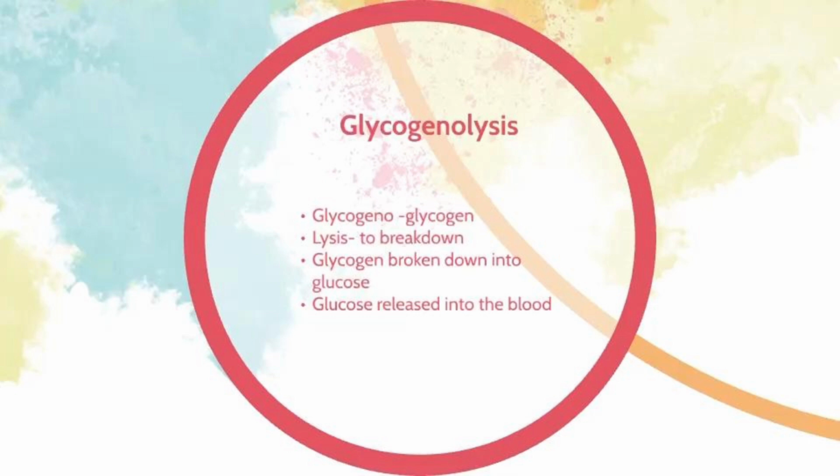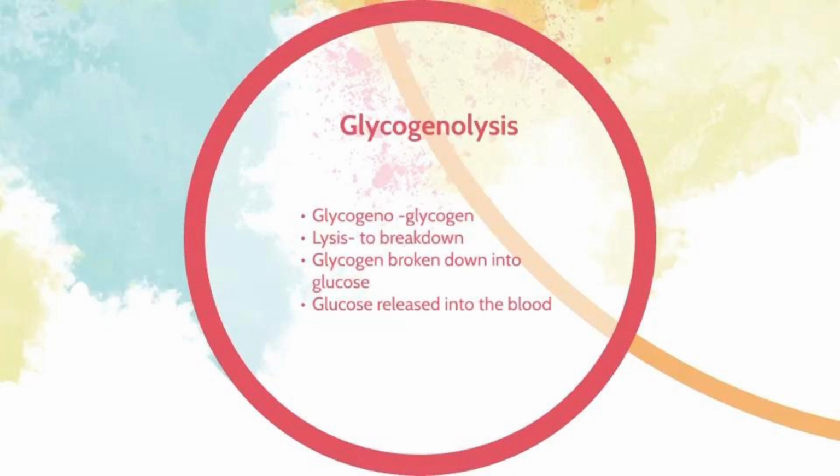If glucose is being produced, that means that the blood sugar would have been low, which means this process is mediated by glucagon. There is glucagon in the blood because there is a low level of glucose, so that then triggers the liver to undergo glycogenolysis, breaking down the glycogen stores into glucose, which is then released into the blood. The outcome of this is that the glucose concentration within the blood goes up back into the normal range.